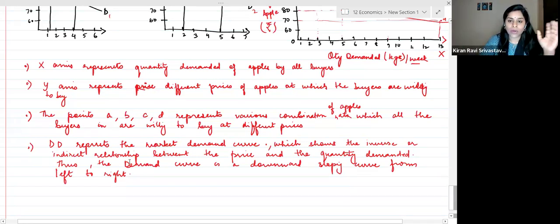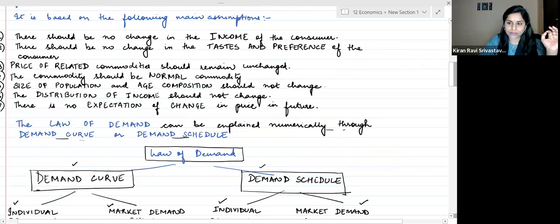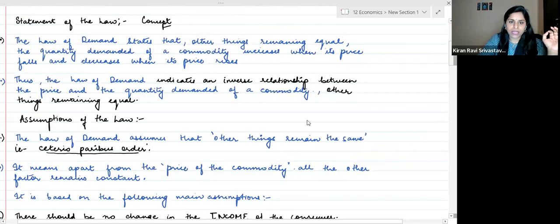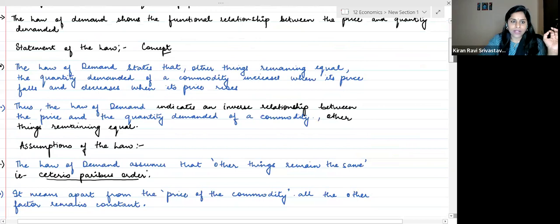Now, can I say that with the demand schedule and the demand curve, both individual and market, I have proved the law of demand? Let's go back and read what the law of demand was.